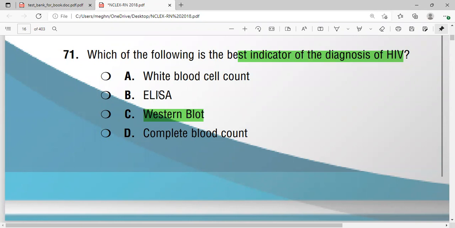ELISA test, I mean answer B, is the screening test, right? And answer D, complete blood count test, is not specific enough for HIV diagnosis.